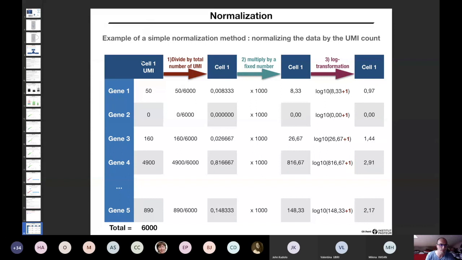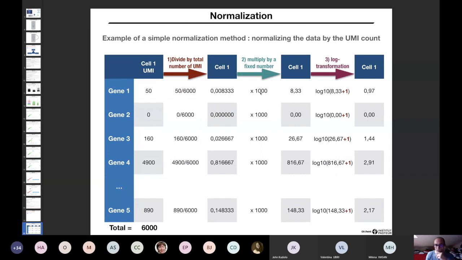So say we have these cells expressing this amount of UMI for gene 1, this amount of UMI for gene 2, etc. When we sum up the total number of UMI, we end up with 6,000. The first step of the normalization would be to divide this value by the total number of UMI. Then the second step would be to multiply this by a fixed number.